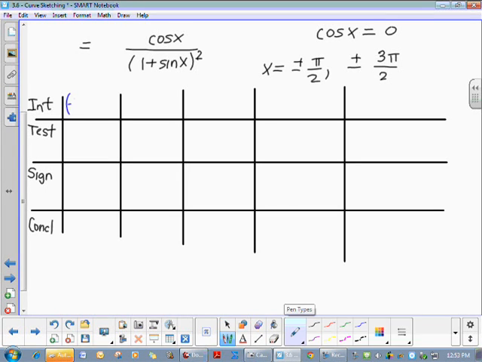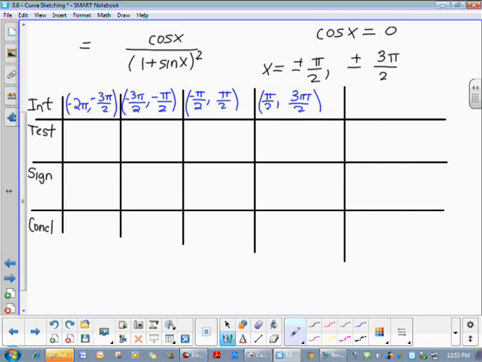Starting at negative 2 pi, we'll go to negative 3 pi over 2. From negative 3 pi over 2, we're going to go to negative pi over 2, negative pi over 2 to positive pi over 2, positive pi over 2 to 3 pi over 2, and finally 3 pi over 2 up to 2 pi.